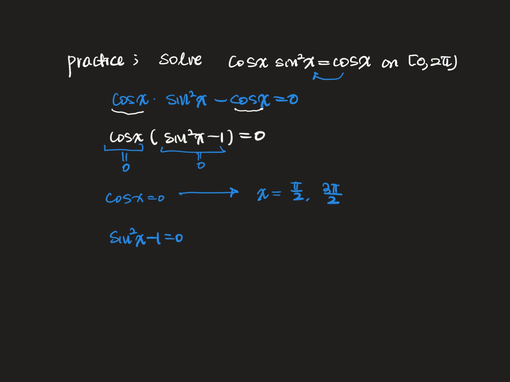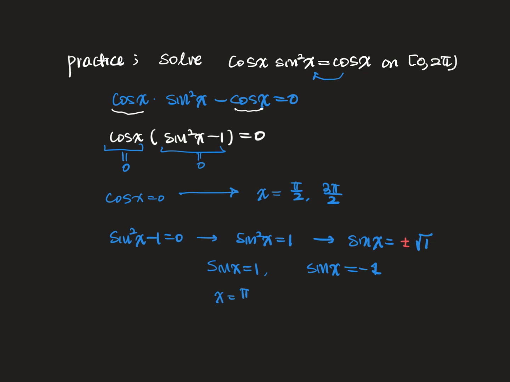Sine squared x minus 1 equals 0 means sine squared x equals 1, which means sine x is the square root of 1. Don't forget the negative 1. So here you have two things: sine x is 1, and sine x is negative 1. What is x when sine x is 1?